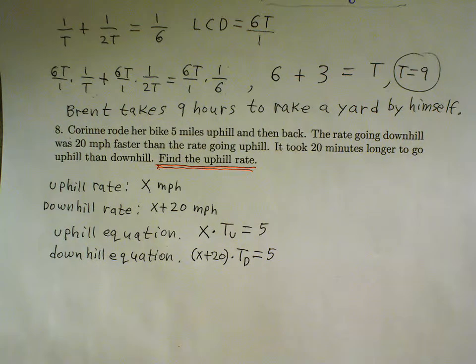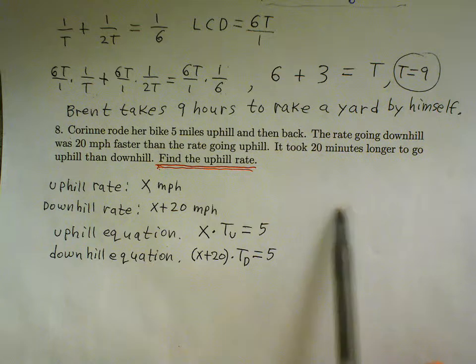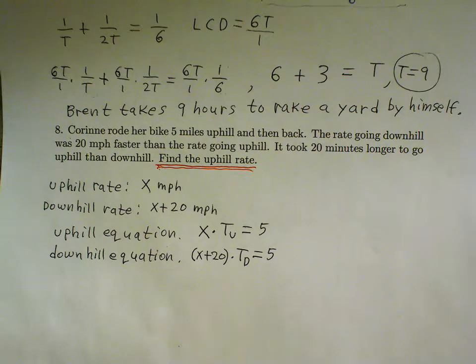Okay, so we need an equation whose only variable is X. That means we need another equation that relates the times: the time it took to bike 5 miles uphill compared to the time it took to ride 5 miles downhill.